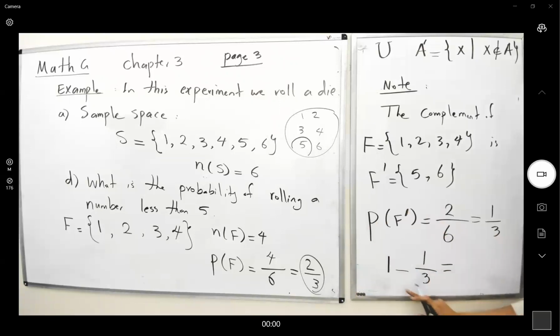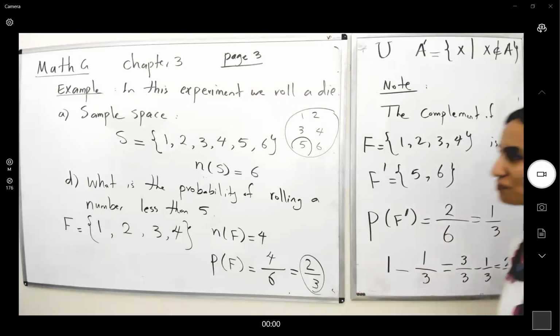So since they have different denominators, you can take the common denominator, which gives 2/3, the outcome that you have here. So sometimes it's easier to actually calculate the probability of the complement, subtract it from 1 or 100%, and have the probability of your event.